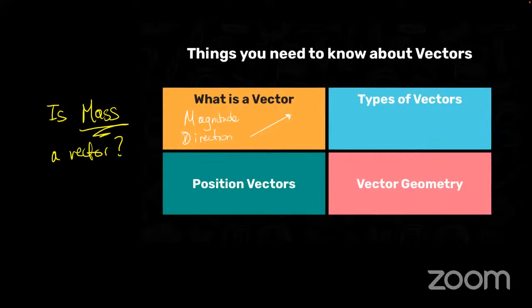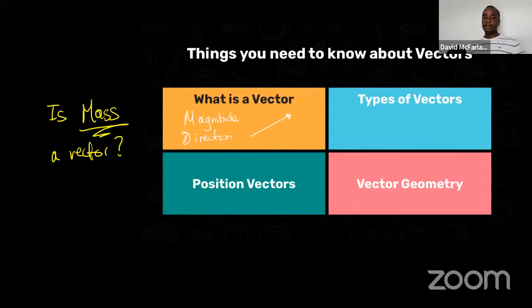All right, good. Ramai is saying no, persons in chat online are saying no as well. And that's right. Mass is not a vector because it has size, but it doesn't have a direction.